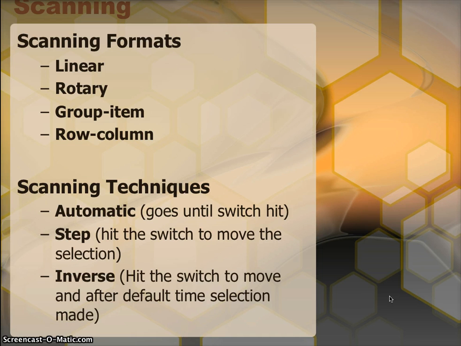We also have rotary scanning formats, so something like the face of a clock, of which a dial turns around, and once it gets to the selection, the switch is activated. Group items, so we can have groups, so food, beverage, etc. When it highlights it and the student presses the switch, then we start to have a different selection of items.